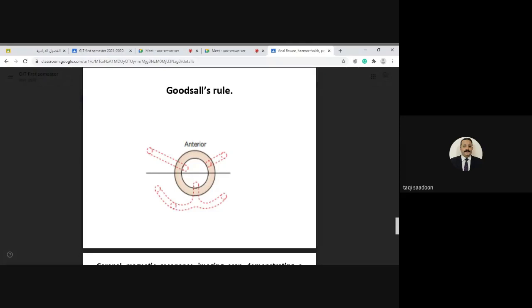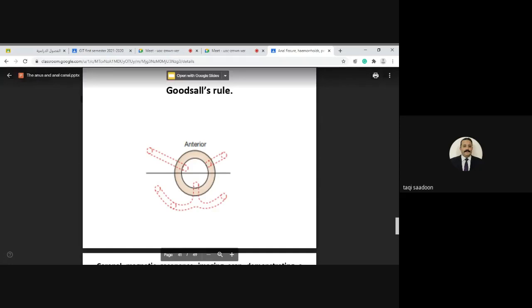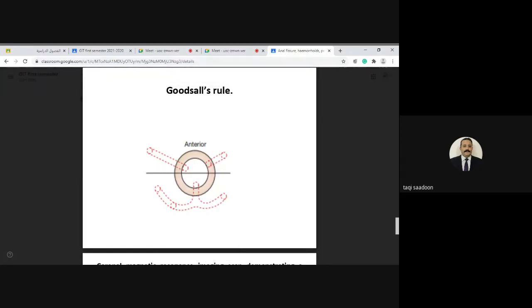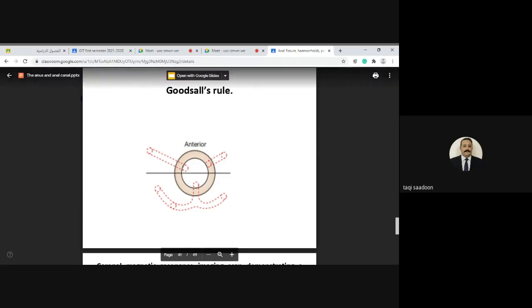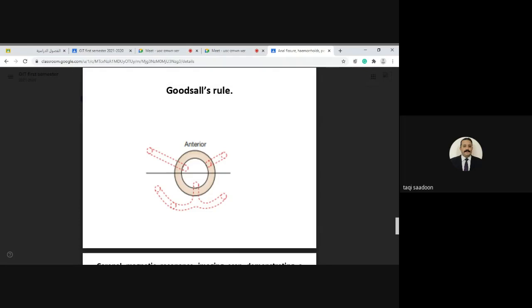If the external opening of the fistula is anterior to the line joining the right and left ischiorectal fossa, the line between the two ischial tuberosities, the fistula is direct, meaning the internal opening is found directly. But if the external opening is posterior to this line, the fistula tract is curved. This is Goodsall's rule. Is that clear, students?